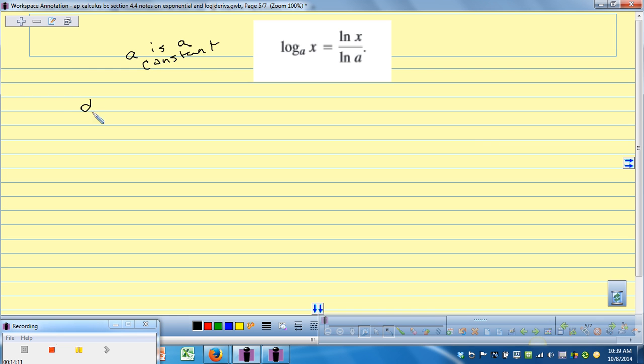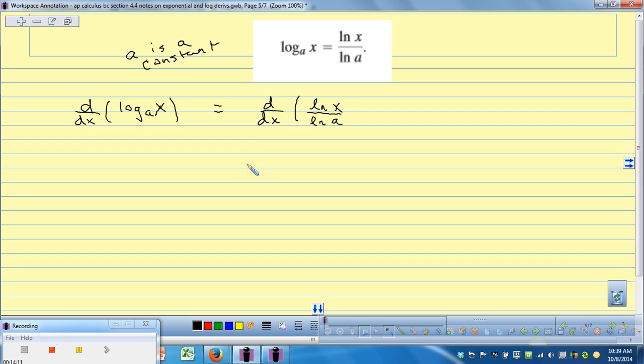So we want to take the derivative with respect to x of log base a of x. It will help us to first write it as the derivative of natural log of x over natural log of a. Avoid the quotient rule. A is a constant. What can I do?